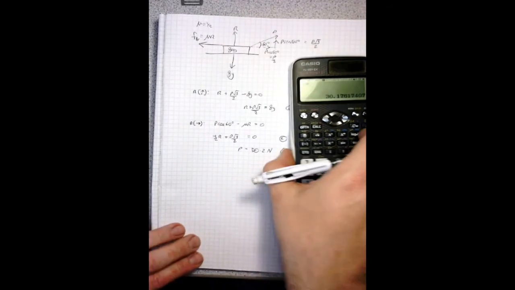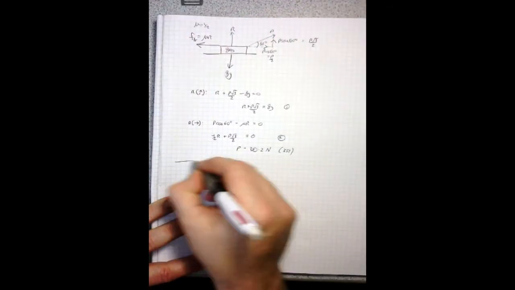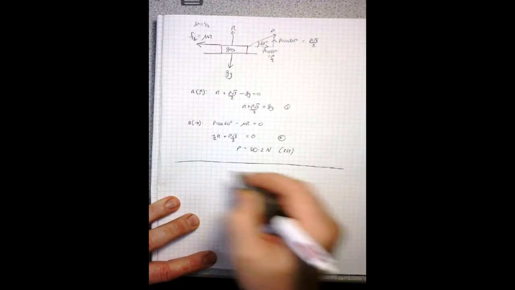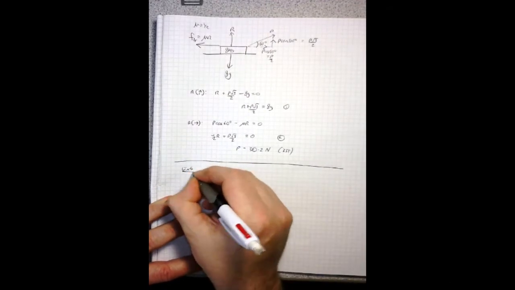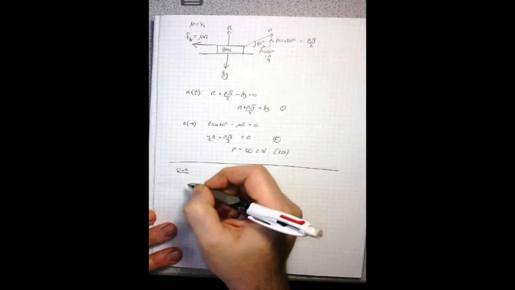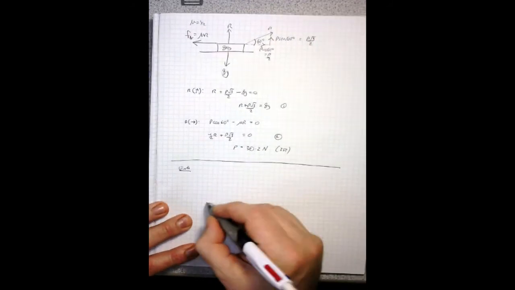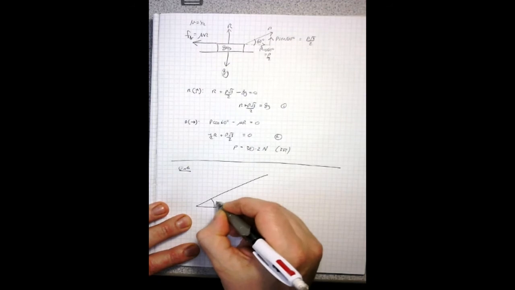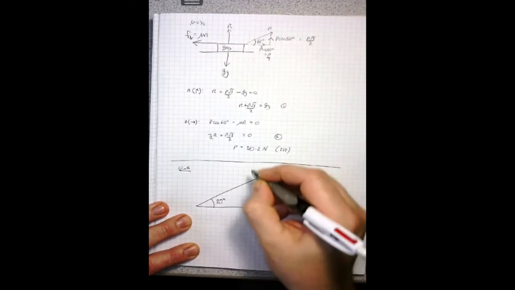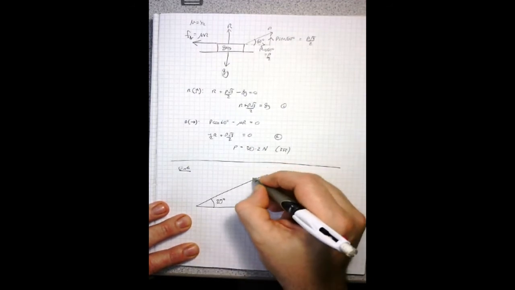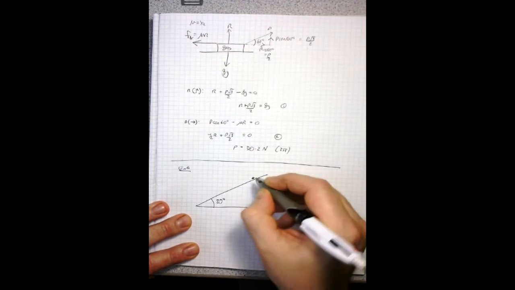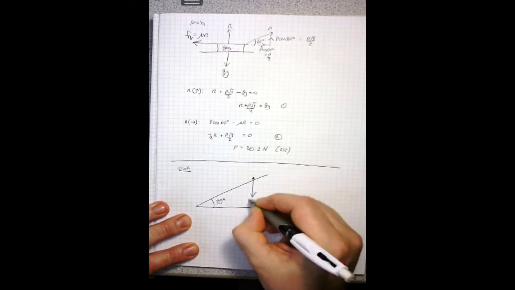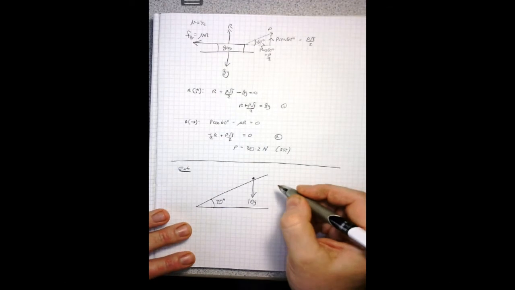Example 6. What have we got? Got a slope, okay, nice big diagram so that I can annotate it. 20 degrees, a mass 10 kilograms, so 10g.